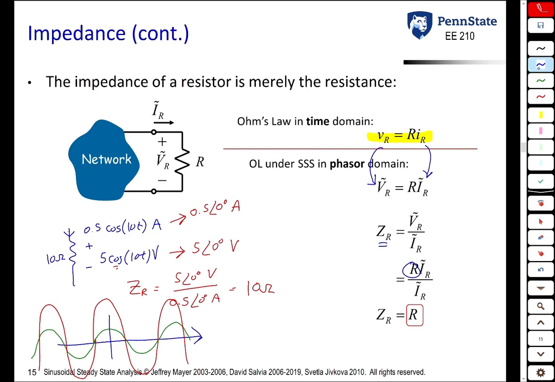And what we see is the voltage and current are what we call in phase with each other. In other words, they're both maximum at the same points, they're both zeros at the same points, etc. We're going to see for capacitors and inductors, it's a different situation.